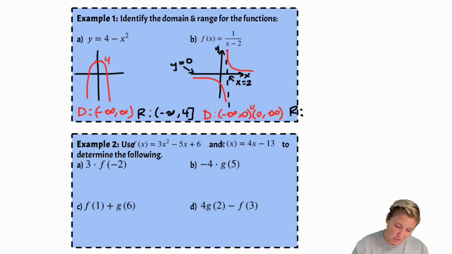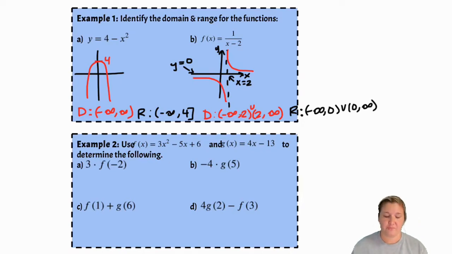Sorry, not 0. That's going to be 2. So the domain is negative infinity up to 2, unioned with 2 up to positive infinity. Then our range is negative infinity up to 0, unioned with 0 up to positive infinity.